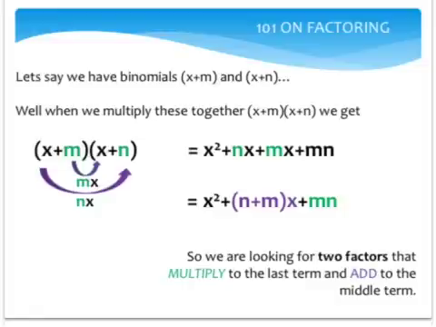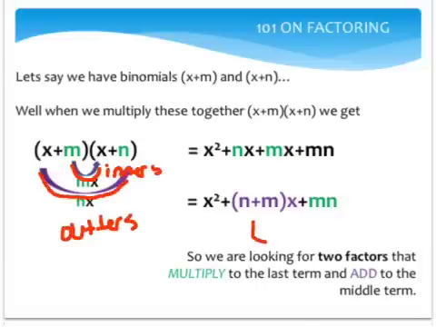So how do we get the middle term? Again, m times x gives me mx, that's right here. n times x gives me nx, that's right here. The middle term is caused when I add the coefficients of those and tack on the x. So again, the middle term is always my inners plus my outers.